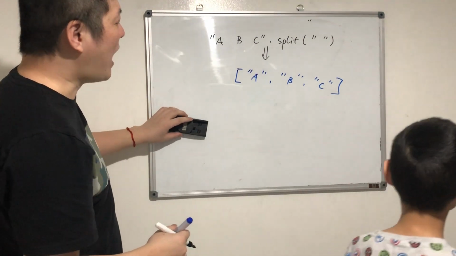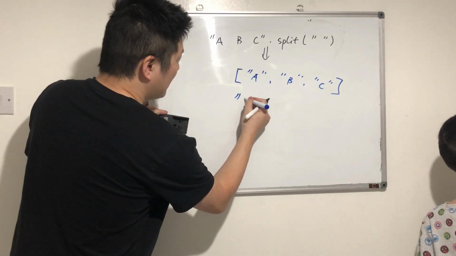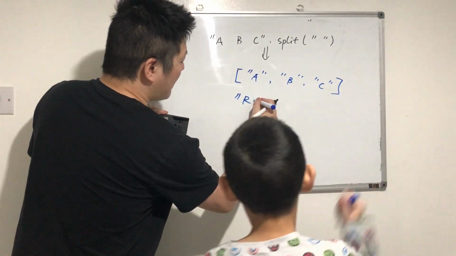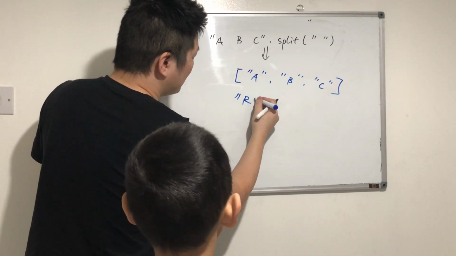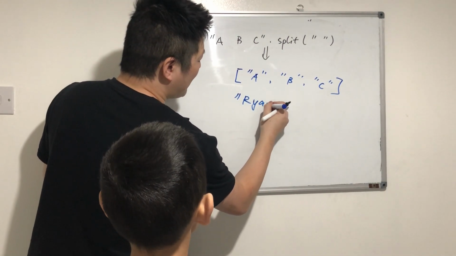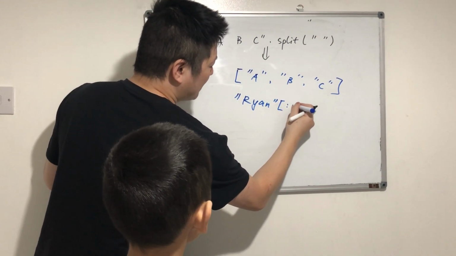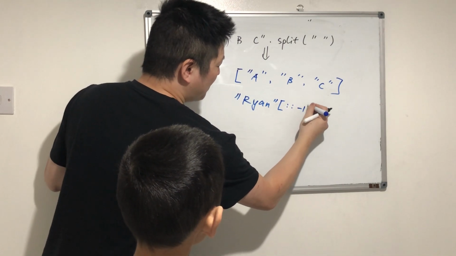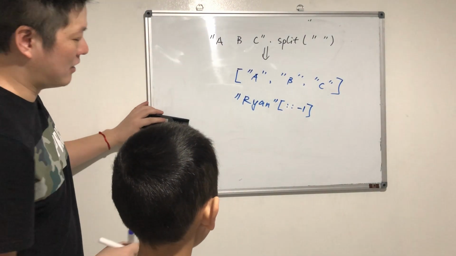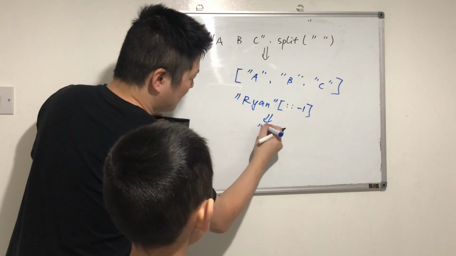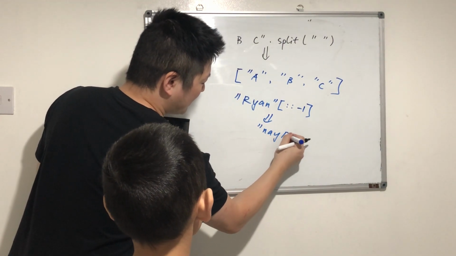And how about "Ryan"[::-1]? What does it give me? NAYR, capital R, because this is reverse.